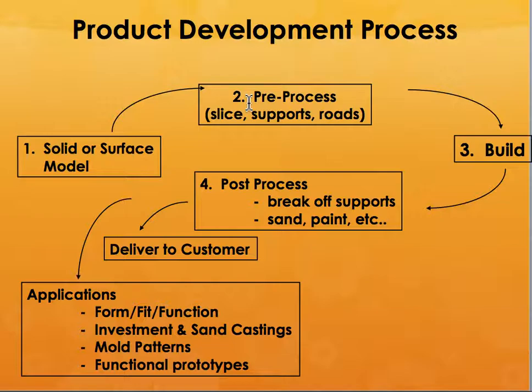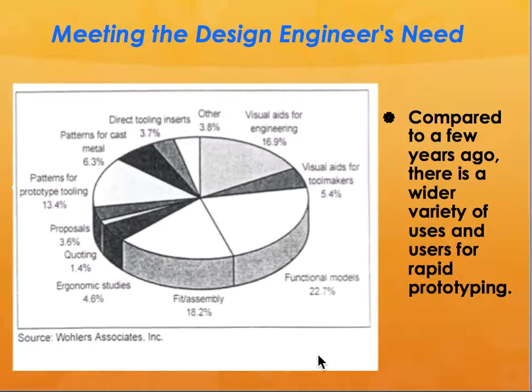And then each of those slices has to be built, and that has to be designed where the material is going to be laid down. Then you build the part. Then after that you break off all the supports, you sand and paint, etc., and then you deliver to the customer. So these are the traditional applications, but now, as I said, it is more of functional prototyping.